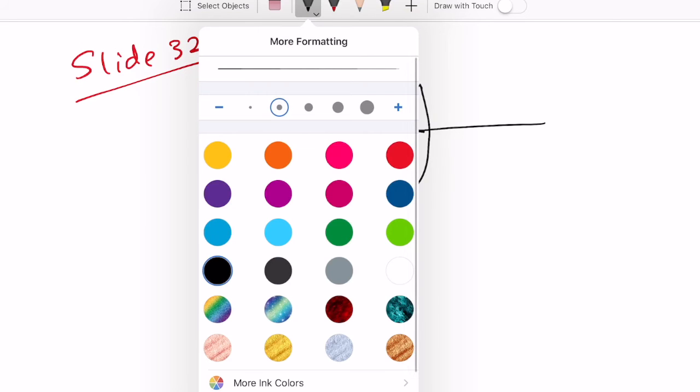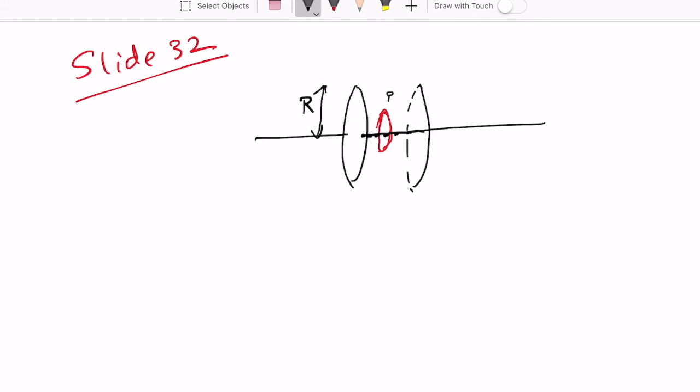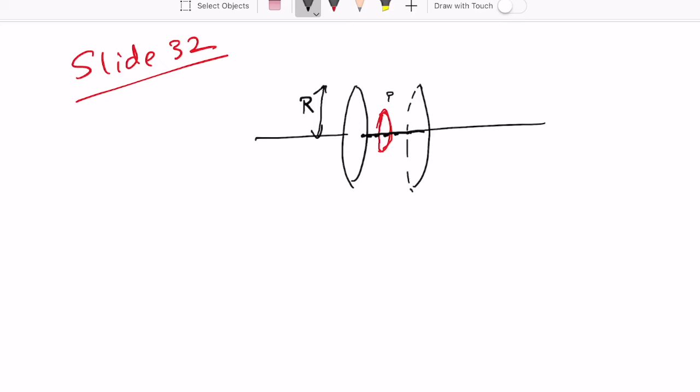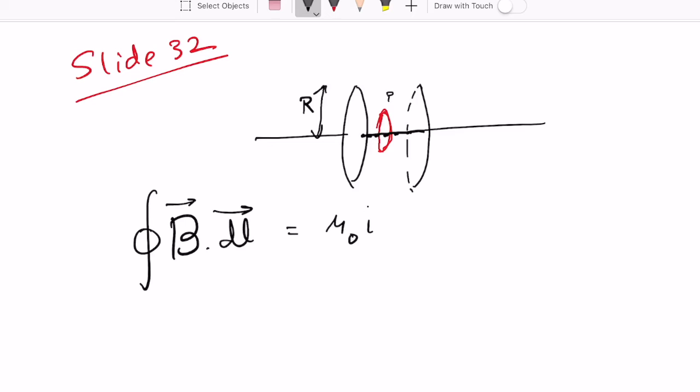Right? So the Ampere-Maxwell equation is line integral B dot dl. I'll just write the whole thing. Line integral B dot dl is equal to mu 0 I enclosed plus mu 0 epsilon 0 d phi E dt.